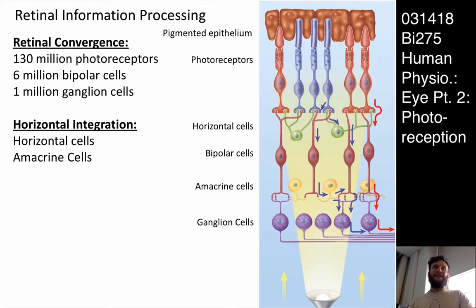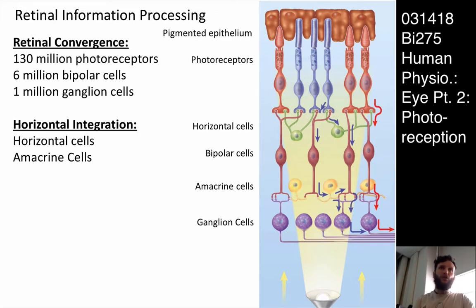Because vision is such a sophisticated neural process, the information processing that is required to sense a visual field and process it and then internally represent it in the visual cortex, it's pretty phenomenal that it's able to happen.